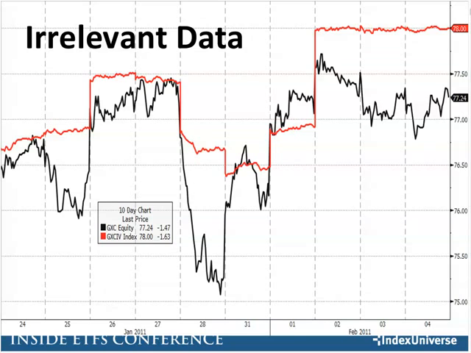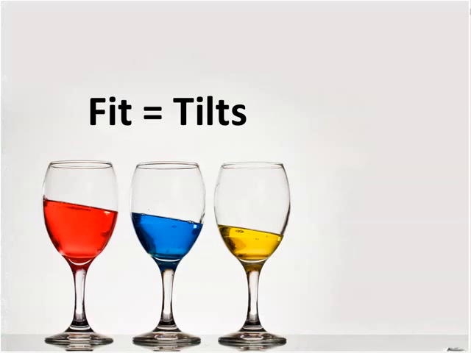GXC is actually doing its job very nicely. My concern is that premiums and discounts are often being looked at incorrectly, and more often than not, at least for international securities and often things like bonds and commodities, these premiums and discounts are a false measure and can often, frankly, be ignored.